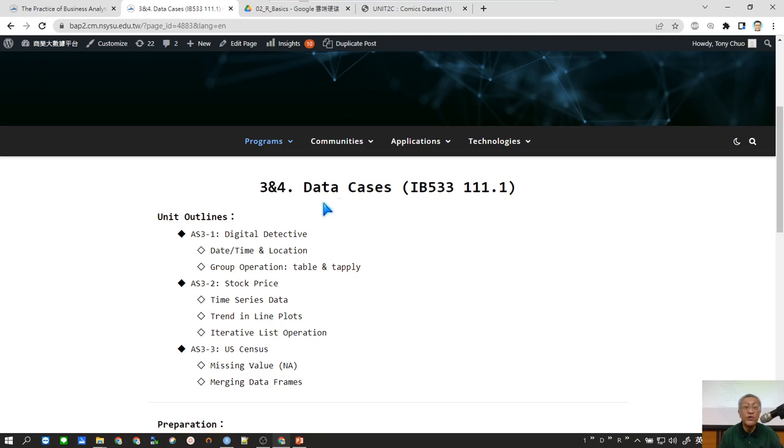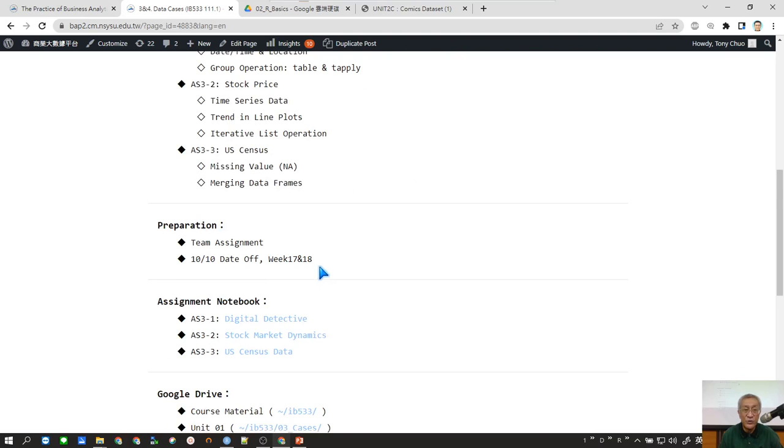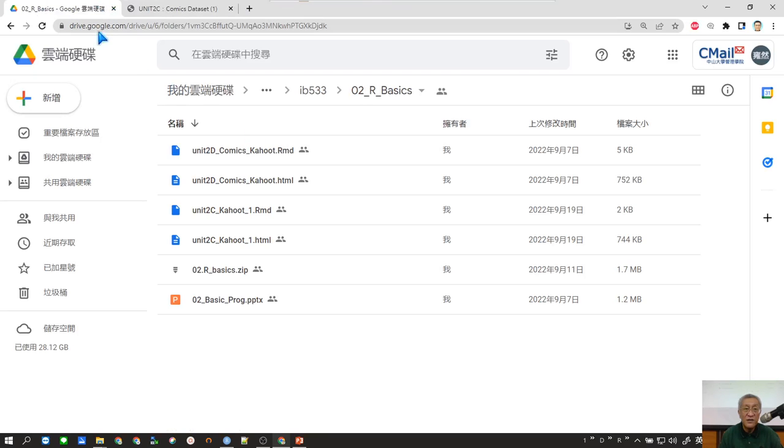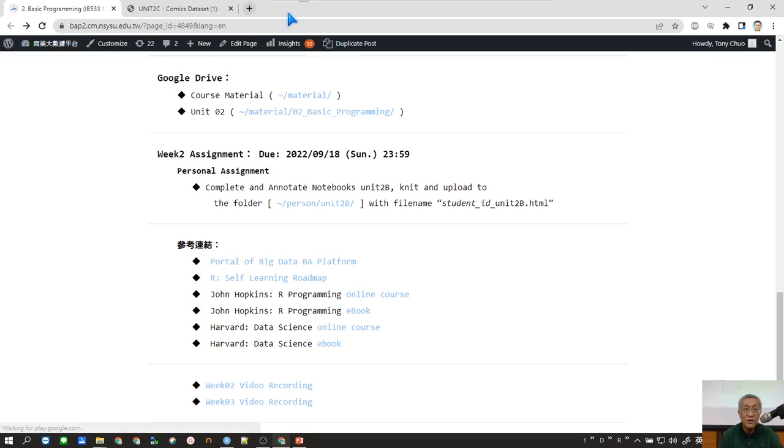Now this is Unit 3 and 4. We are talking about these 3 notebooks, and the notebook and data can be acquired here.